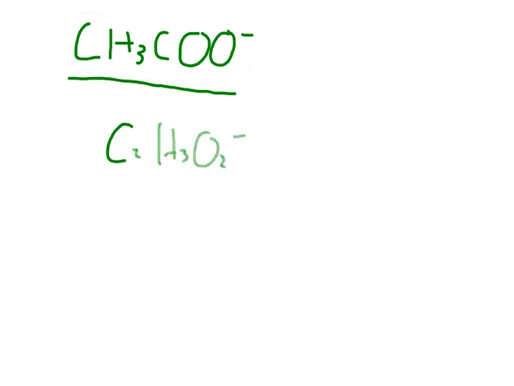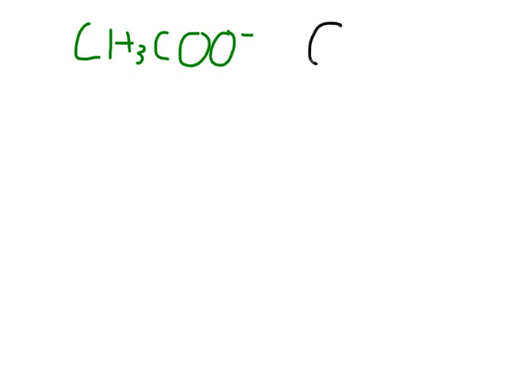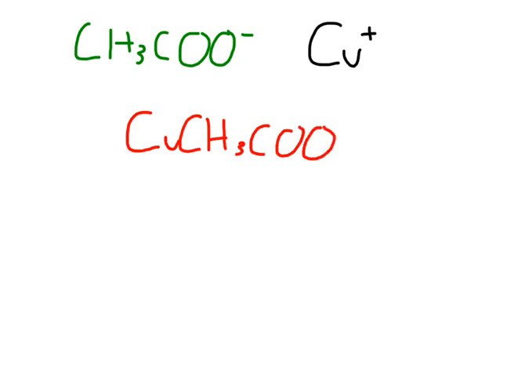So that's the way I'm going to do it, but on any future quiz or assignment or test, either way will be counted correct. Meanwhile, I need a cation to go with this, and I'm going to do copper in the +1 ionic state. So, in this case, I hope you remember that cations always have to go first. So, I'm not changing anything, I've just reversed the order. And there is my compound.